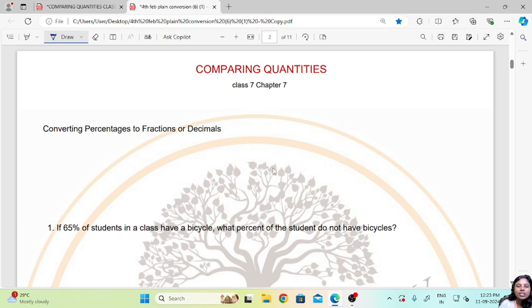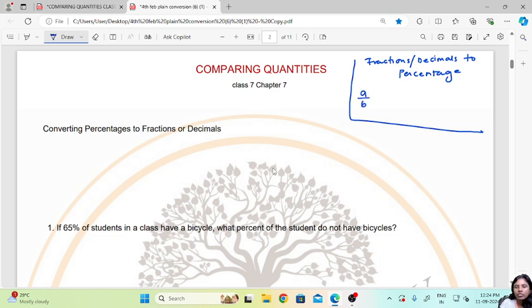Last class, when I told you about the reverse, that is fractions to percentage or decimals to percentage, we noticed that if we have a upon b as the fraction, you have to multiply it by 100.